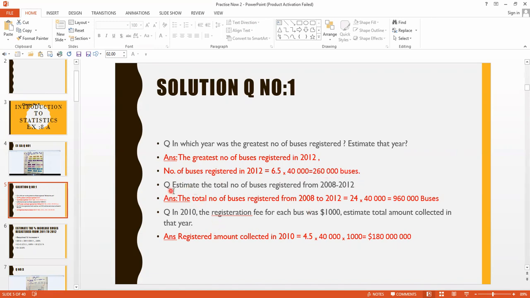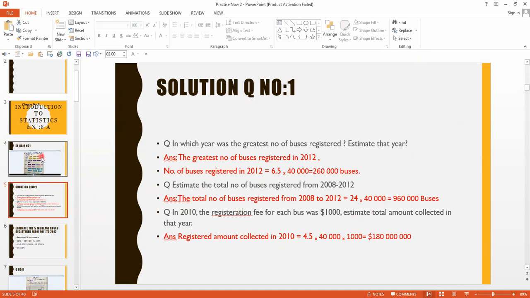Now comes the second question. It is to estimate the total number of buses registered from 2008 to 2012. We have already found them individually. The first method: you have to add all these values, 1,40,000, 160, 180, 220, 260, and you will get the answer. And what is the second method?